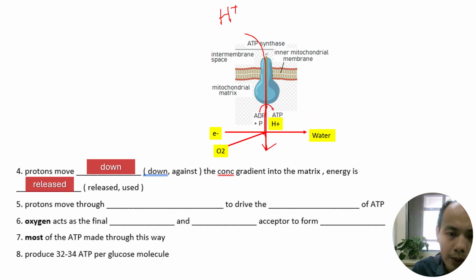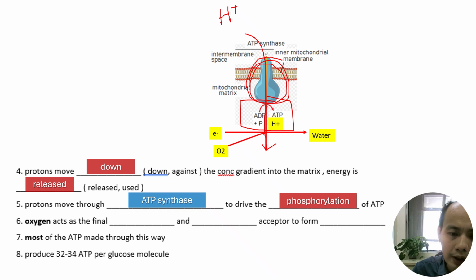So when moving back to the matrix, you look at this part, ADP joins with the phosphate, phosphorylation occurs, and ATP is produced. Protons move through ATP synthase, this blue protein or enzyme, to drive the phosphorylation of ATP. So phosphate joined with the ADP is called phosphorylation.